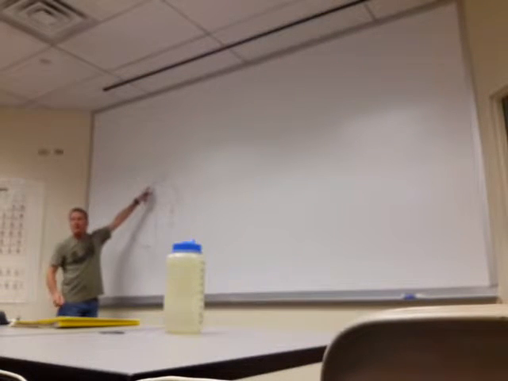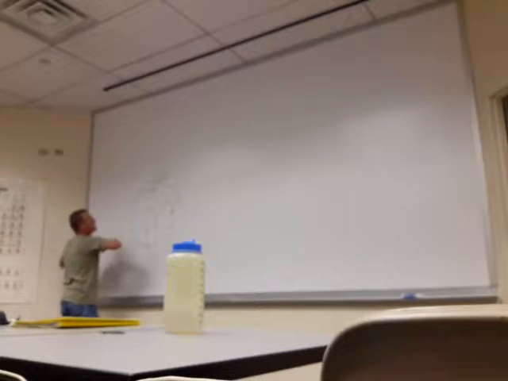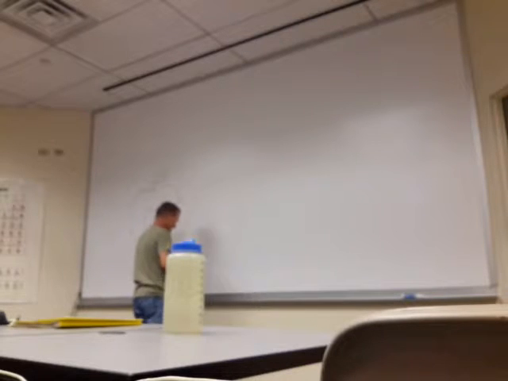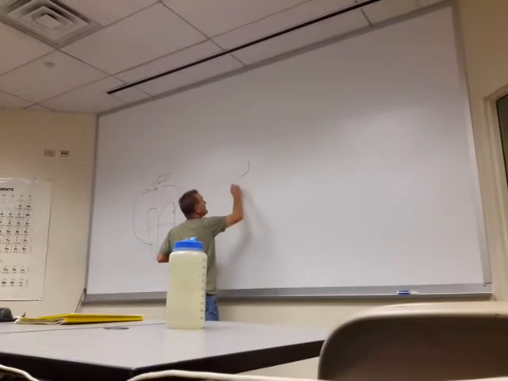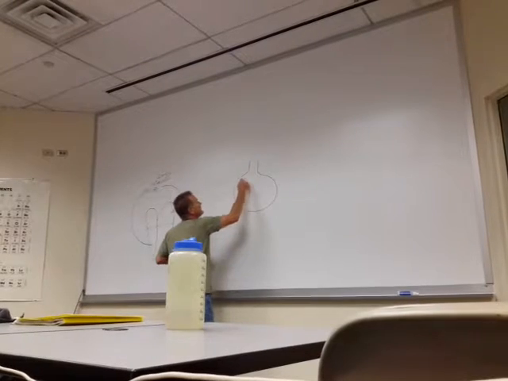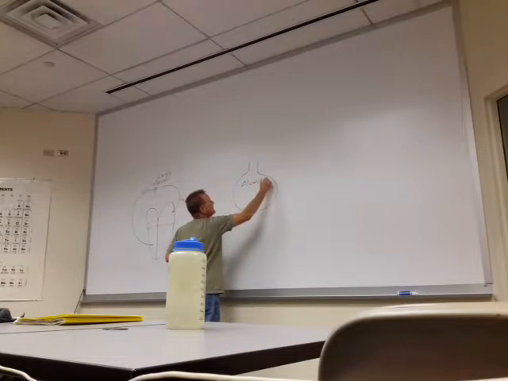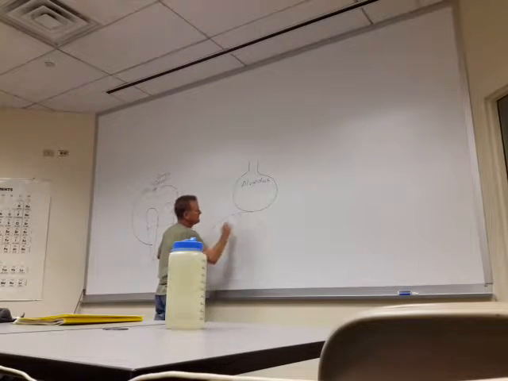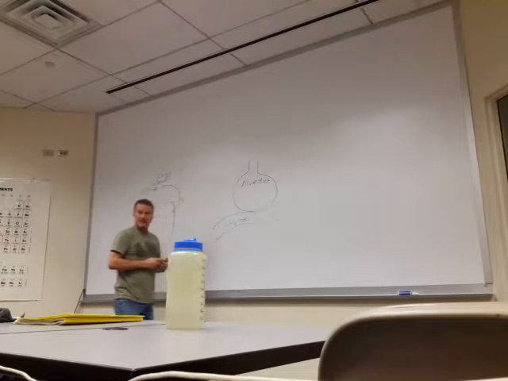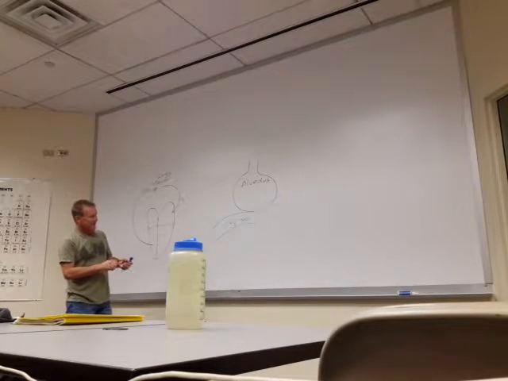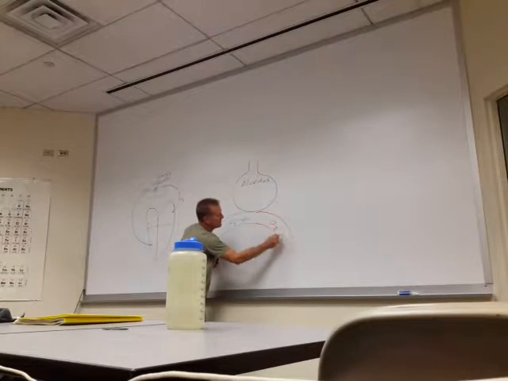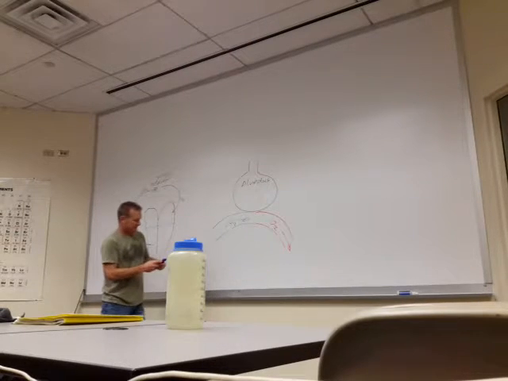So if we blow this little area up, deoxygenated blood moving toward the alveoli, oxygenated blood moving away from the alveoli.